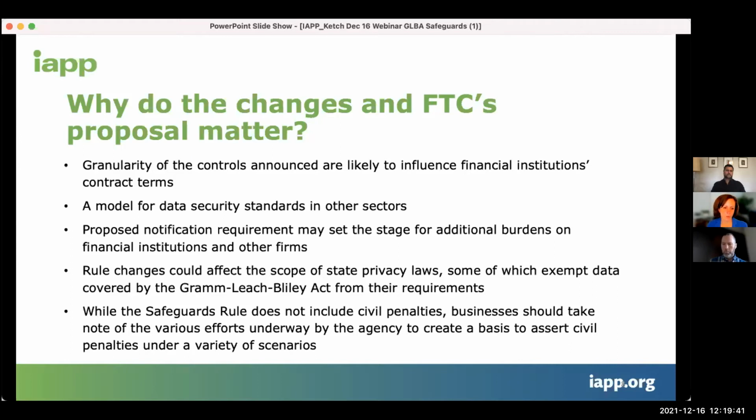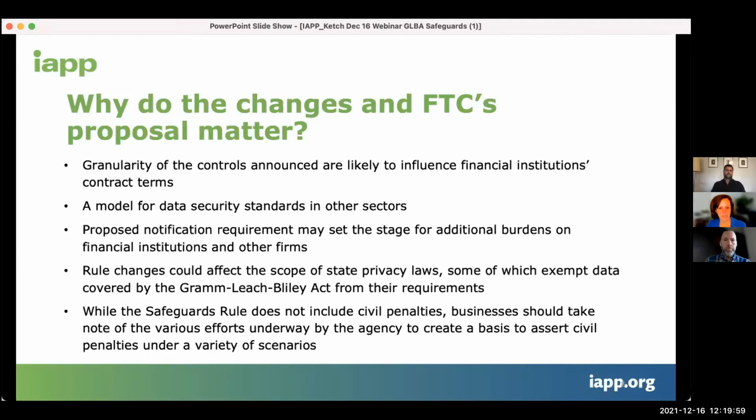And then while safeguards doesn't include civil penalties, businesses should take note of the various efforts underway by the agency to create a basis to assert civil penalties under a variety of scenarios.